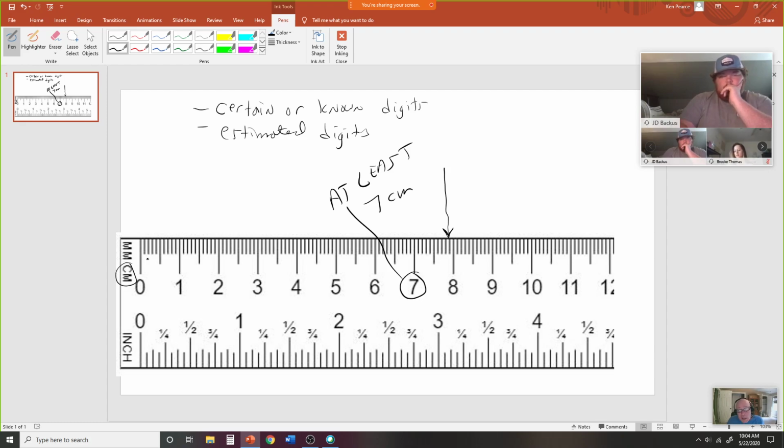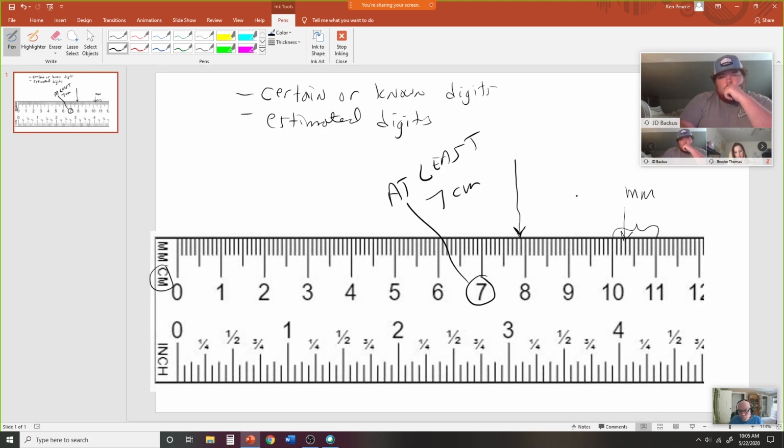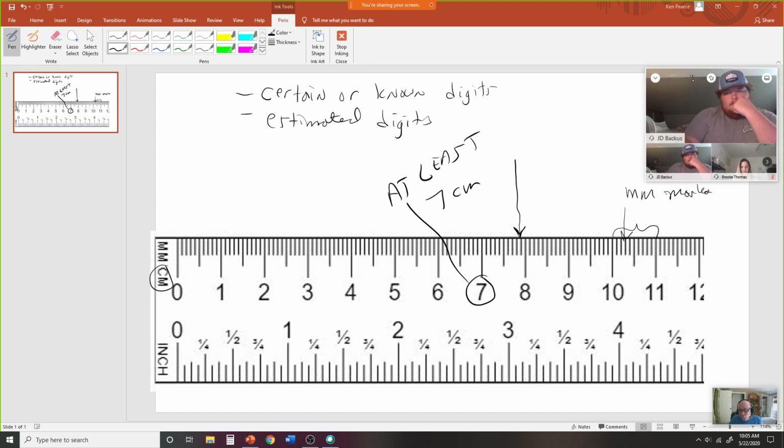Everybody should at least agree that it's 7 centimeters. It's not 8. It's at least 7. Now, these tick marks in here, those are millimeter marks.